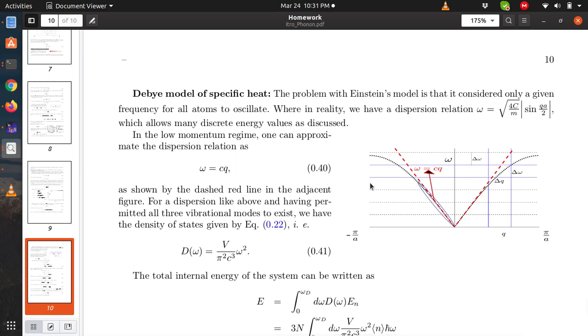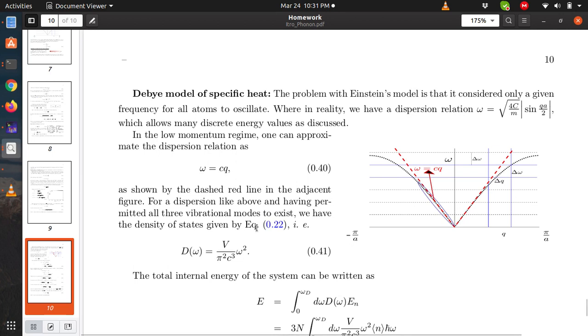So we only take the region where this linear relation of omega and q is still valid, and we're going to see that the experimental findings can be explained if we start from this dispersion relation omega equals cq.